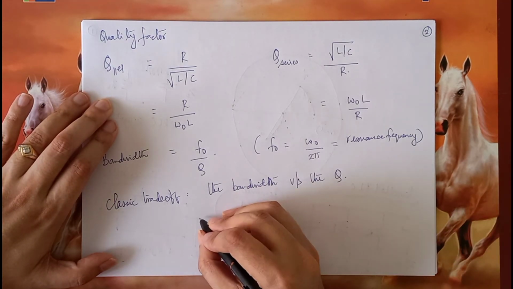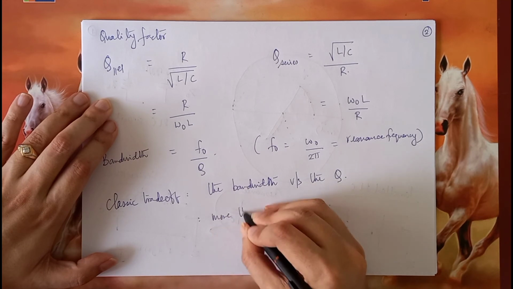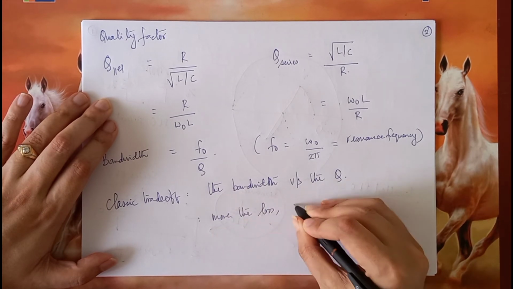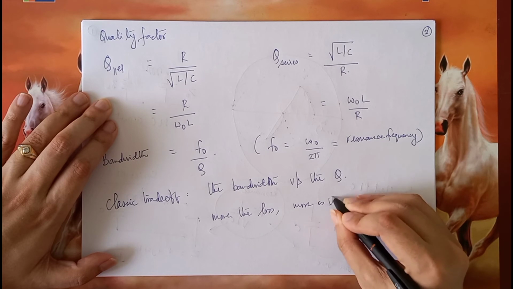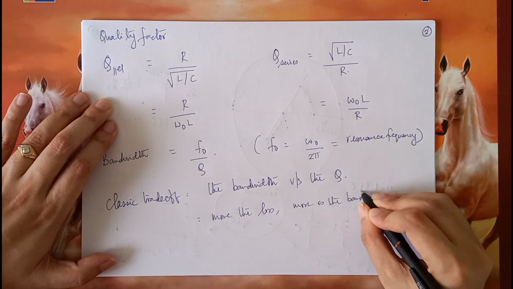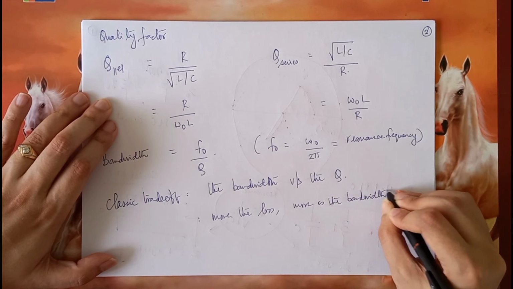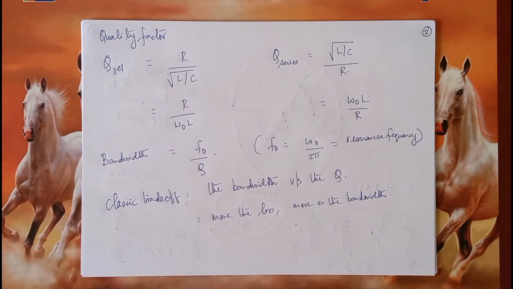So in other words, more the loss, more is the bandwidth. More the loss, more is the bandwidth. So you can work this out for yourself.